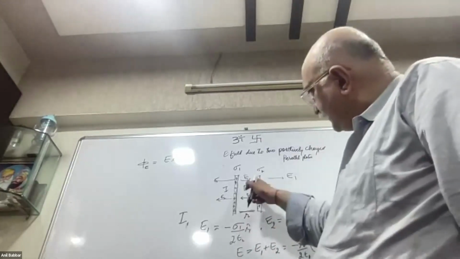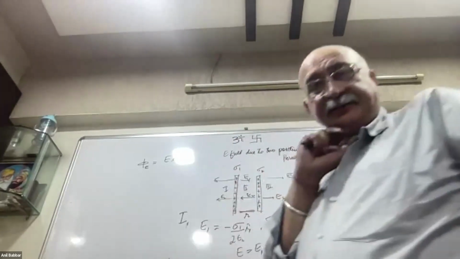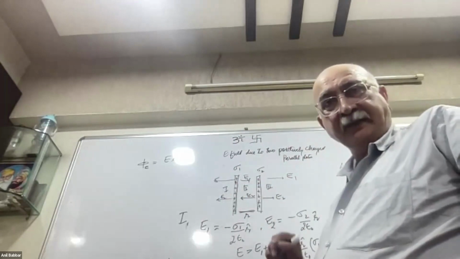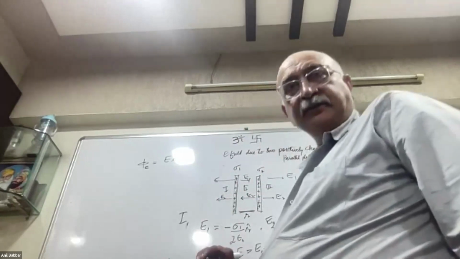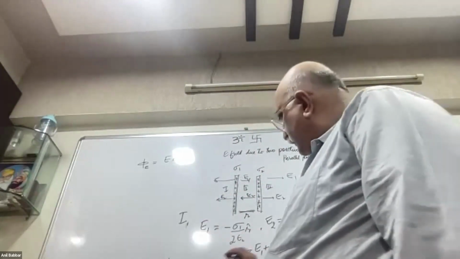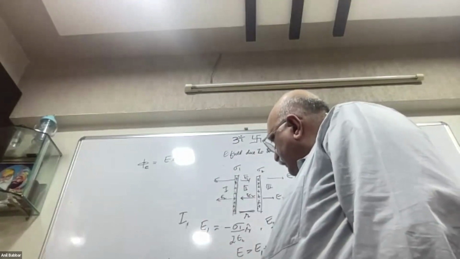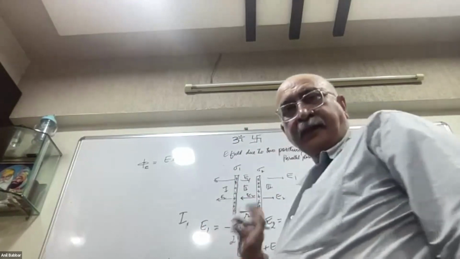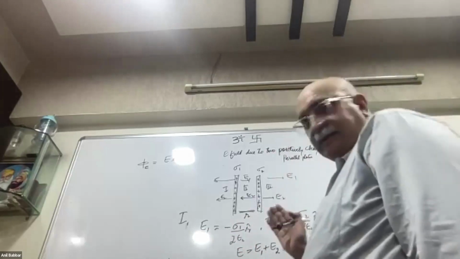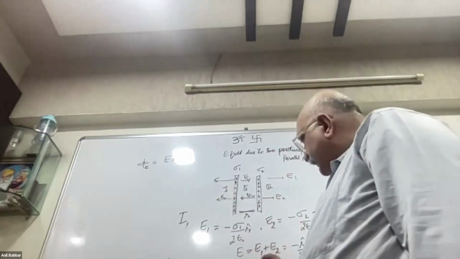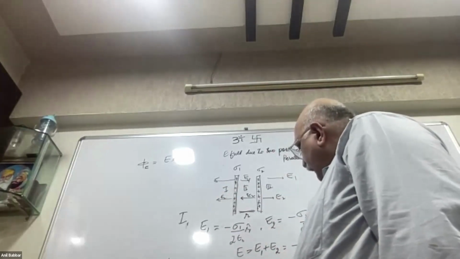Now in region 2, that means in between these two parallel plates, we have E1 equal to, on the right side, sigma 1 by 2 epsilon naught R cap. Then E2, which is on the left, should be minus sigma 2 upon 2 epsilon naught R cap.